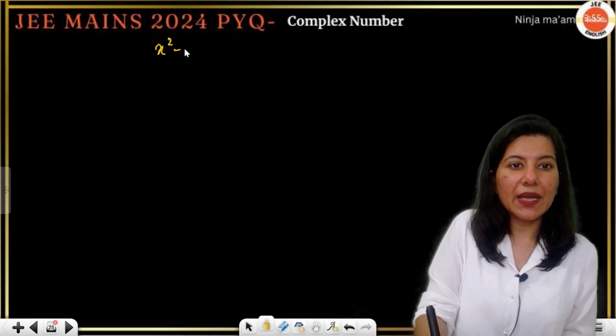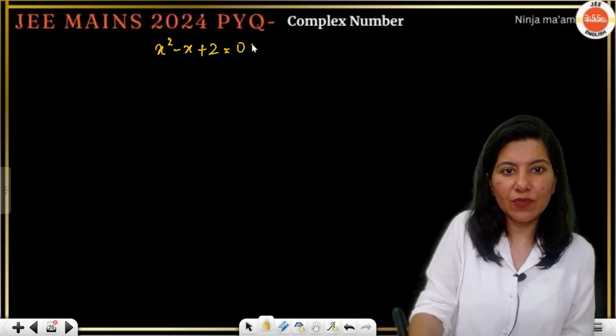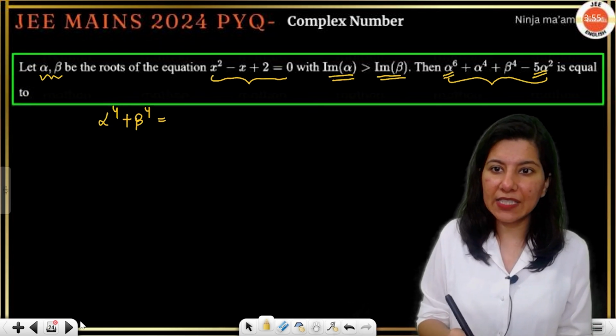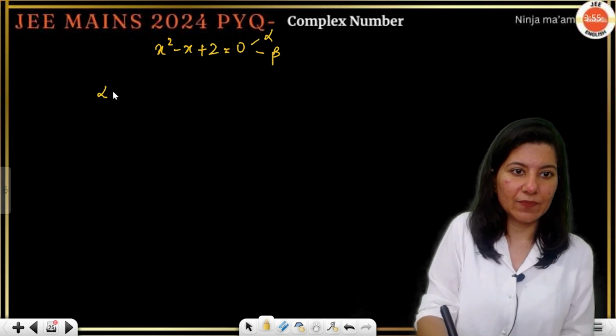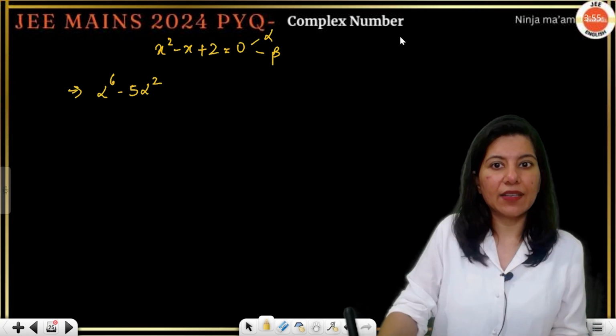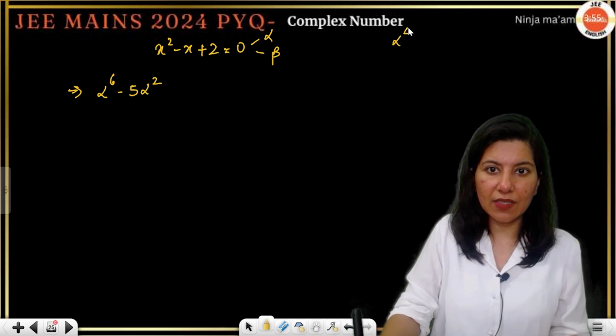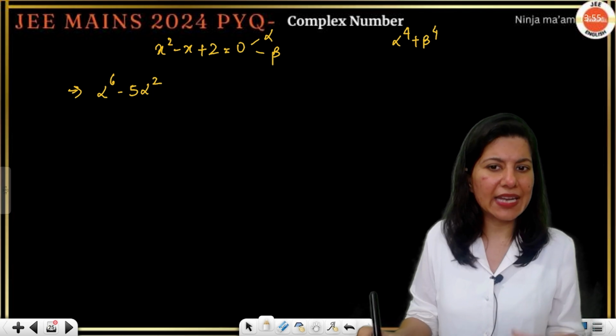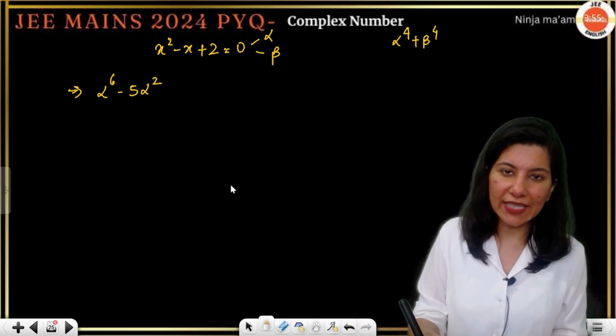So x square minus x plus 2 equals 0. We know that alpha and beta are the roots. We are looking for alpha 6 minus 5 alpha square. Let us talk about this here, and let us talk about the other in a separate expression. Then in the end, we will add these two expressions, right?